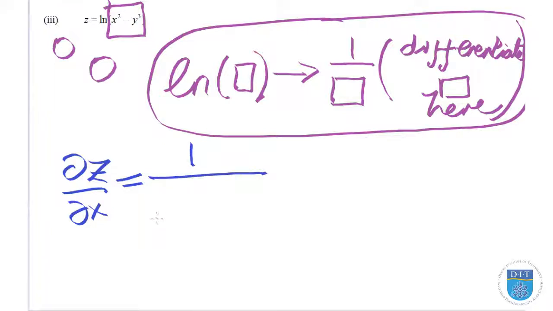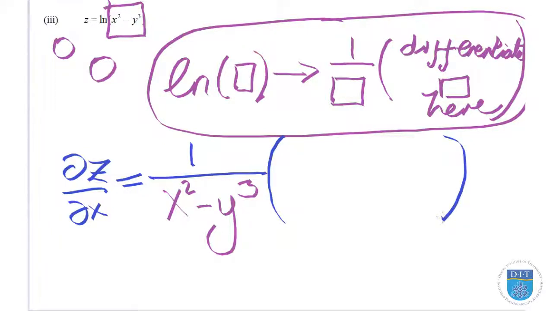It's that x squared minus y cubed, 1 over x squared minus y cubed by the derivative of the box in here. Right, I'm differentiating with respect to x, so that becomes a 2x there. There is no x that time, so it's just simply 2x in the bracket there, 2x.